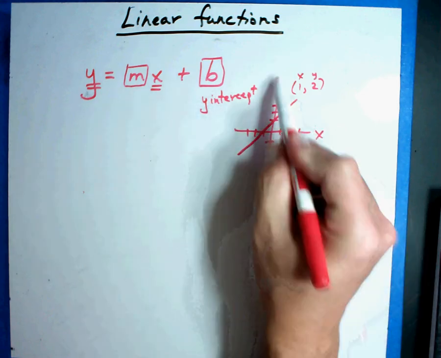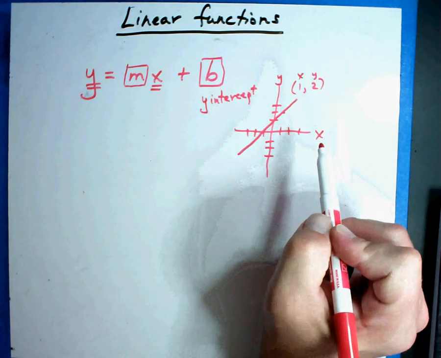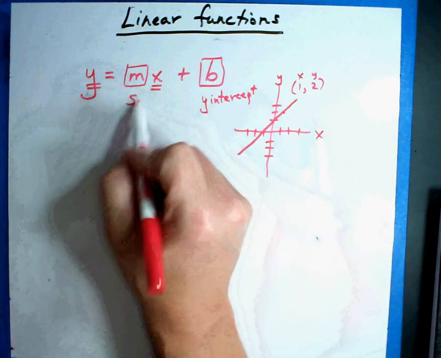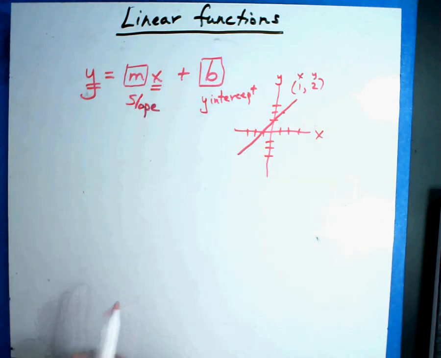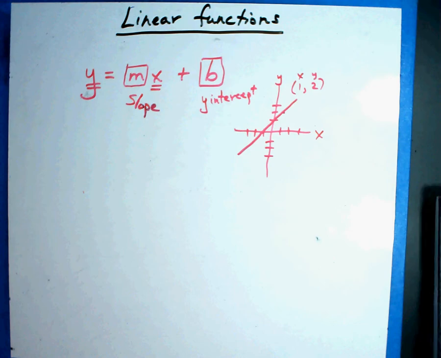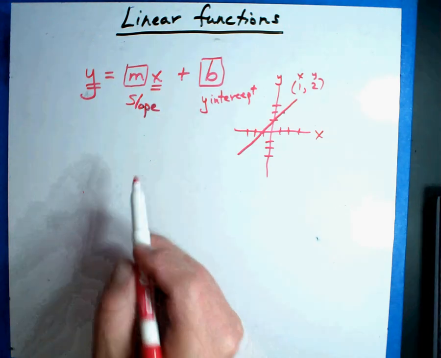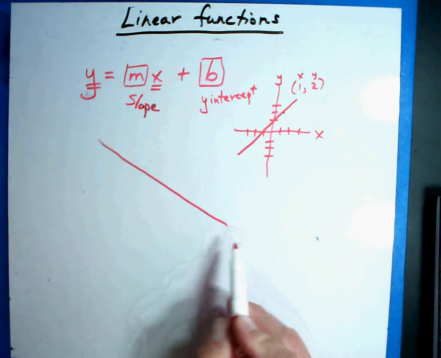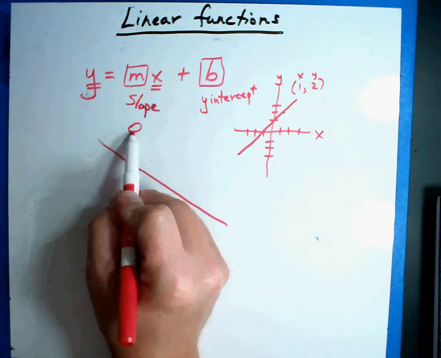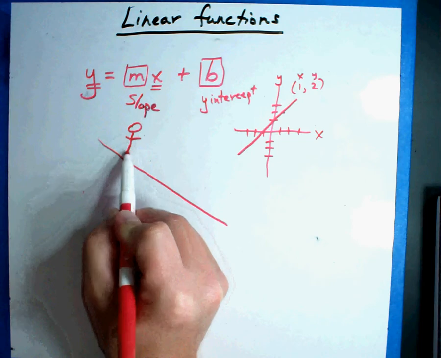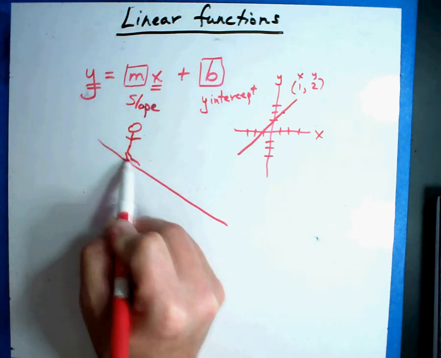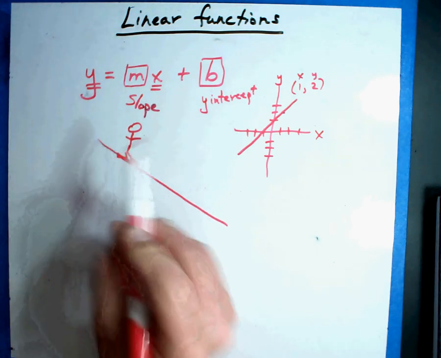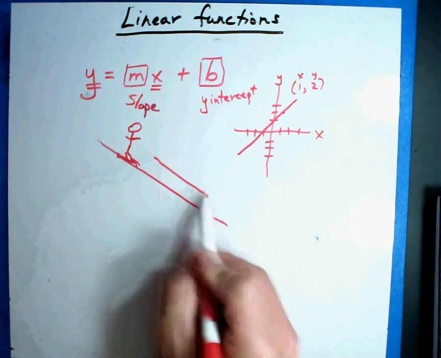Now remember, this is the x and this is the y. The m is going to stand for the slope. Now this confuses some people sometimes, so let me give you an example. I like to go snow skiing, and it's a lot more fun if I'm on my skis going down the slope, and it's how steep it is.